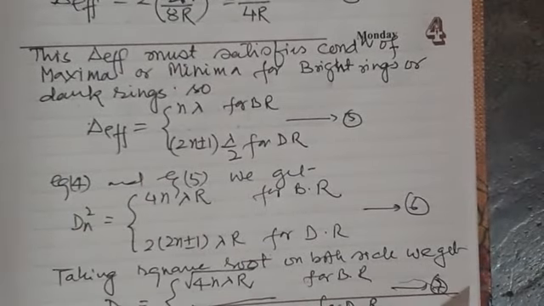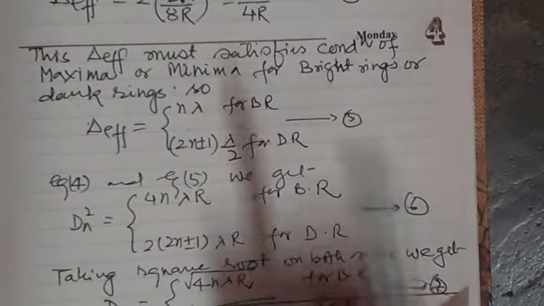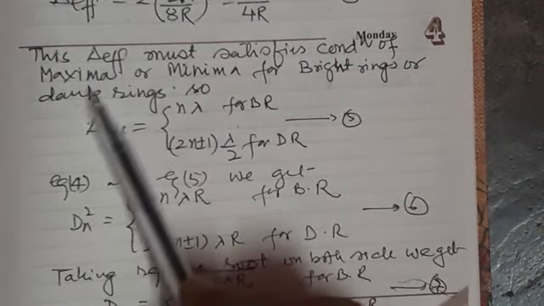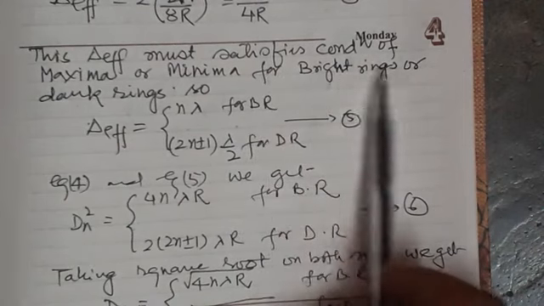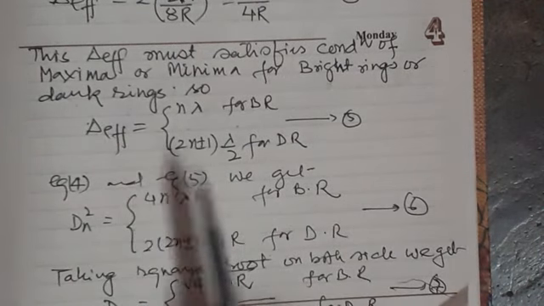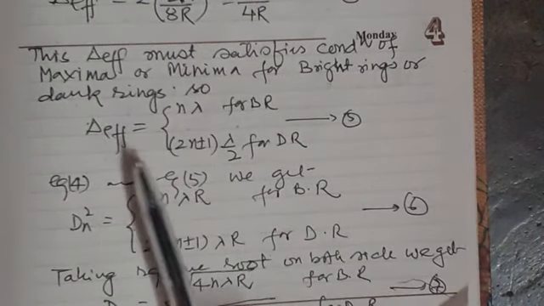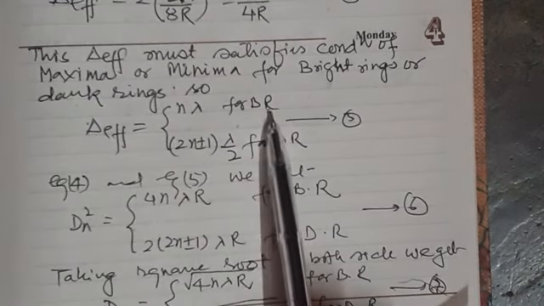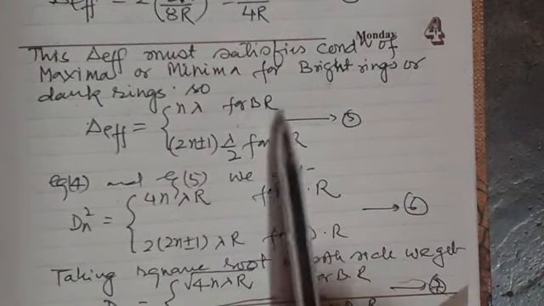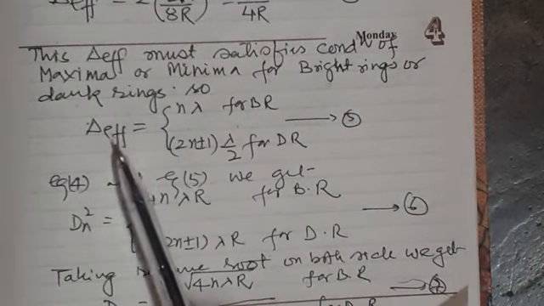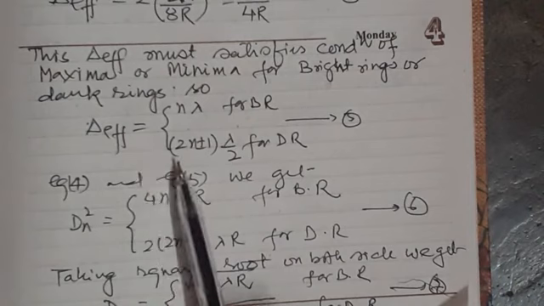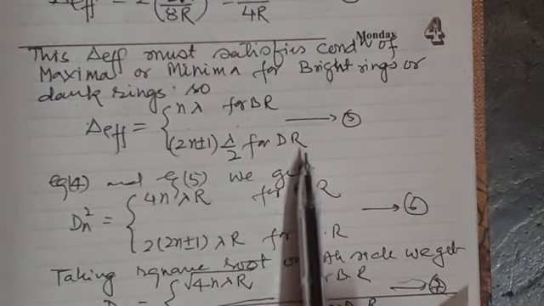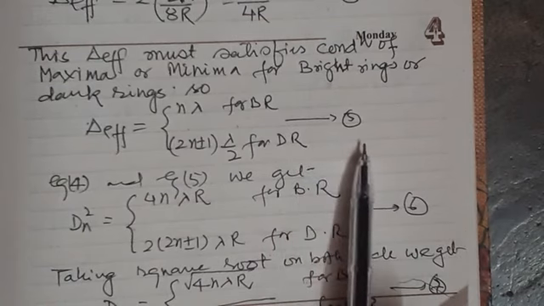So please see, the effective path difference must satisfy the condition of maxima or minima for the bright ring or the dark ring. So what is the condition of maxima and minima? That is delta effective must be equal to n lambda, that is for bright ring, that is condition of maxima, and delta effective is equal to (2n plus minus 1) lambda by 2 for the dark, that is condition of minima.